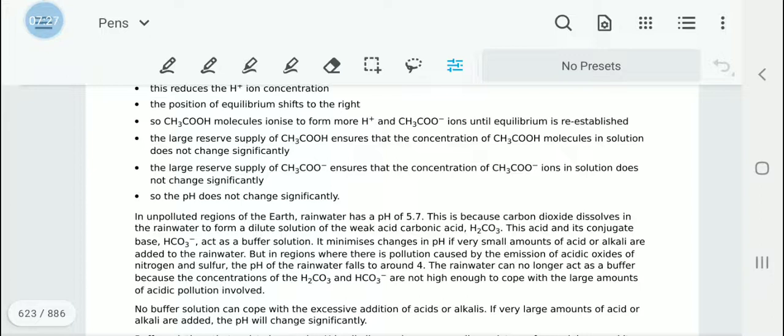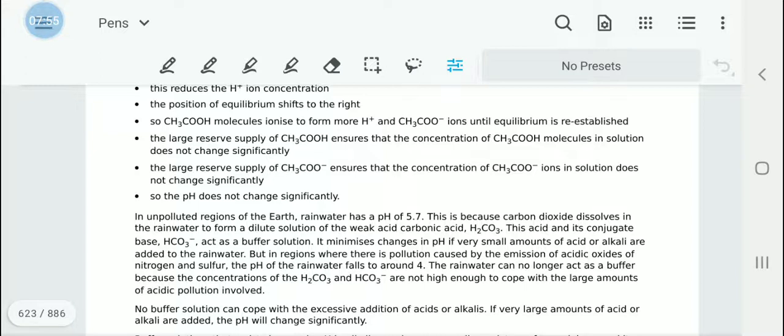But in a region where acidic oxides of nitrogen and sulfur are present because of pollution, the pH would fall to about 4. This is because the carbonic acid and the HCO3 minus bicarbonate ions are not enough in concentration to cope with the large amount of acid added to the rainwater by the pollution.